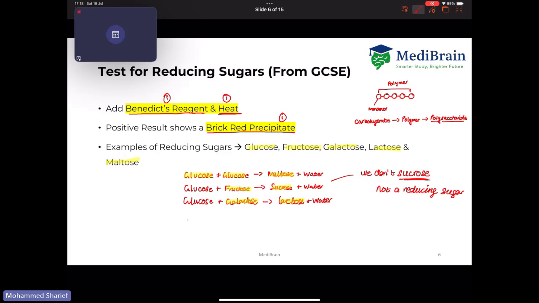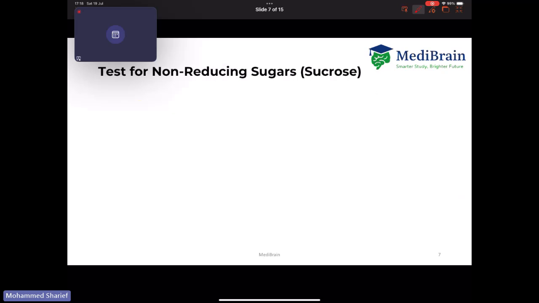Hopefully you've had enough time to make any notes from that slide. Moving on now. This is the new part of the content, and there's only one slide. There's not that much new. It's just a process that you need to be familiar with. Then we're going to move on to some exam questions to finish off the session.